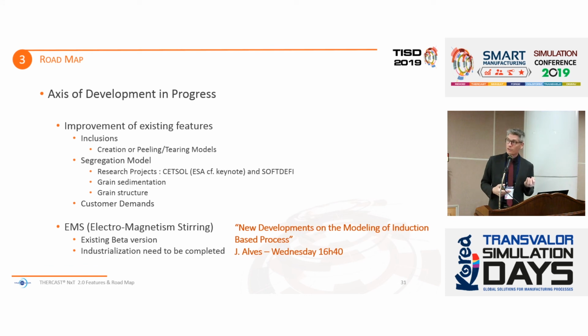That is also the same solver giving the Lorentz force coming from electromagnetic stirring, and this last solver has been improved a lot this last time. So in order to take advantage of this new improvement, we preferred to delay the introduction of this feature into TerraCast.